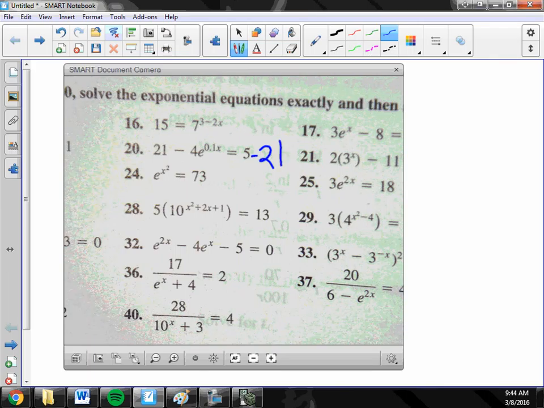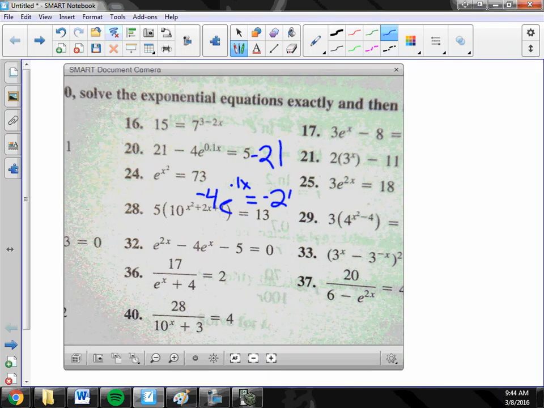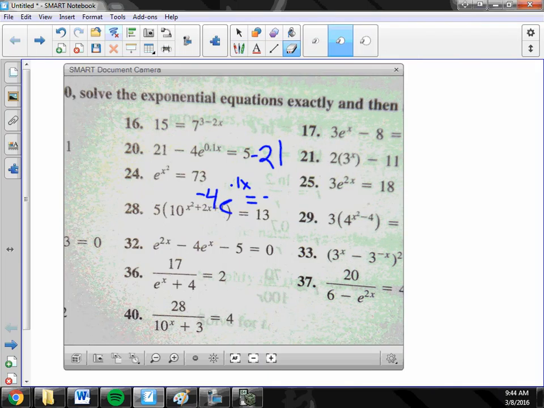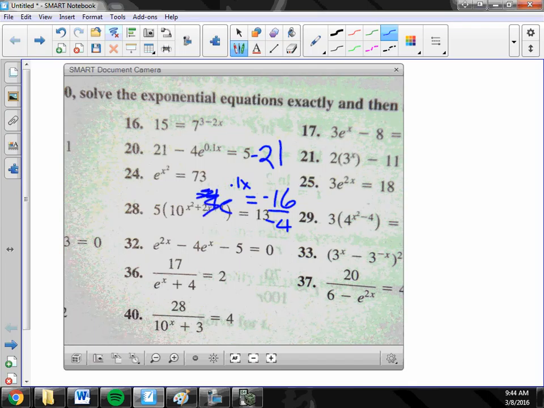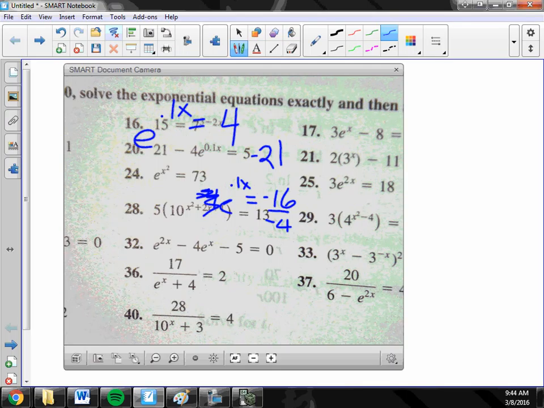So we get negative 4e to the 0.1 x is equal to negative 20, or sorry, negative 16. Then we divide by negative 4. So e to the 0.1 x is equal to 4.